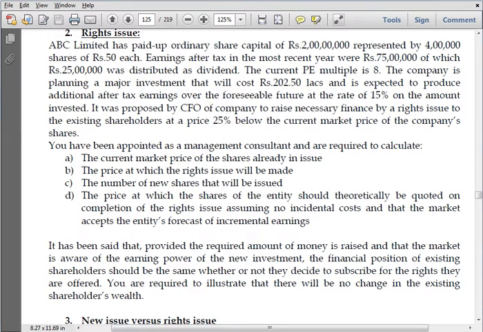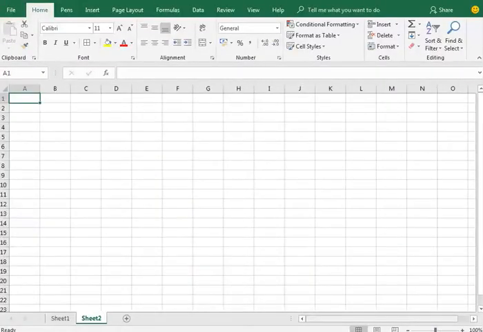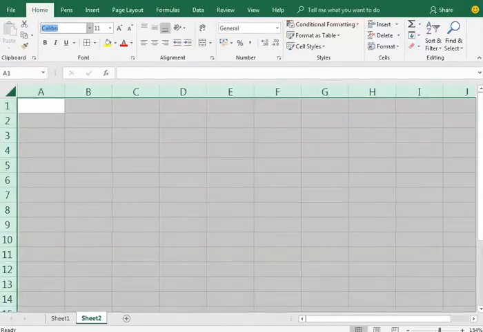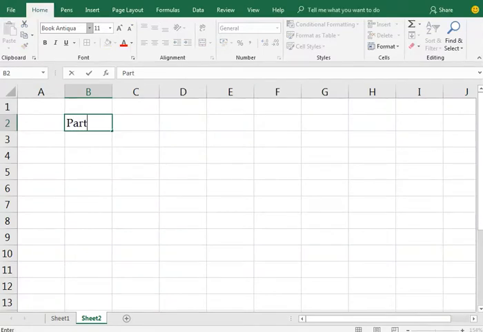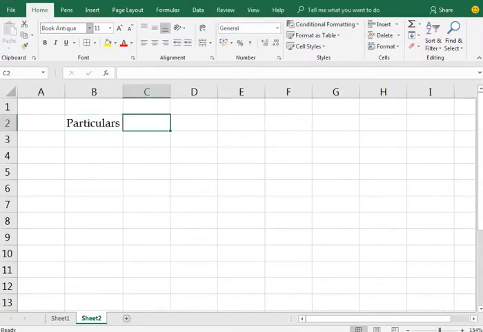Working note 1, calculation of the current market price. Particulars, amount. Start with total earnings.